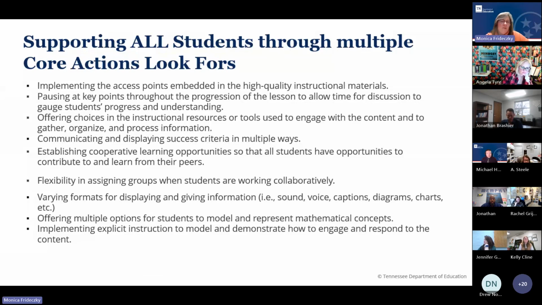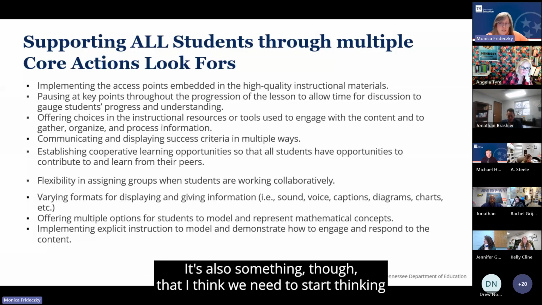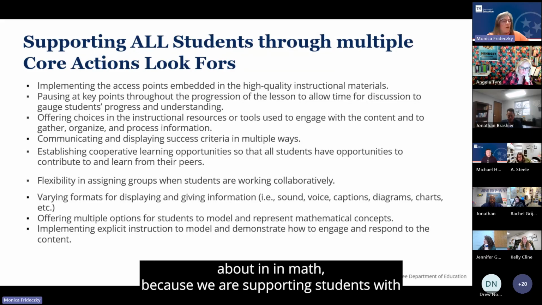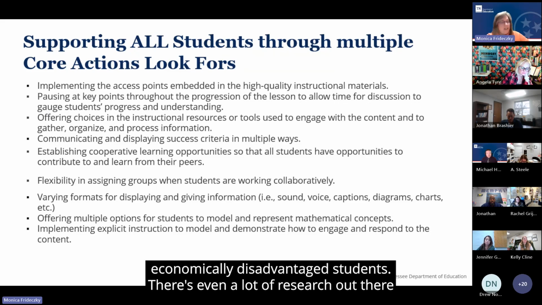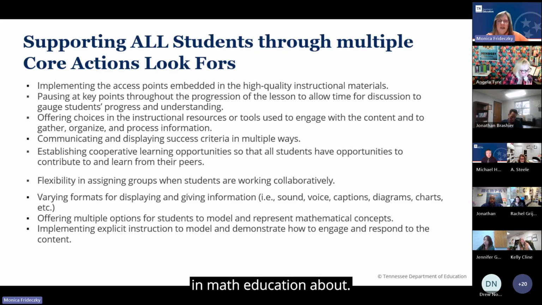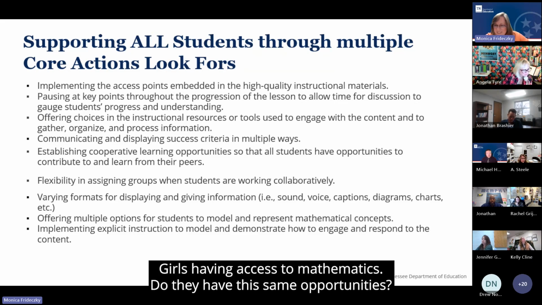It's also something, though, that I think we need to start thinking about in math, because we are supporting students with learning disabilities, English language learners, economically disadvantaged students. There's even a lot of research out there in math education about girls having access to mathematics.